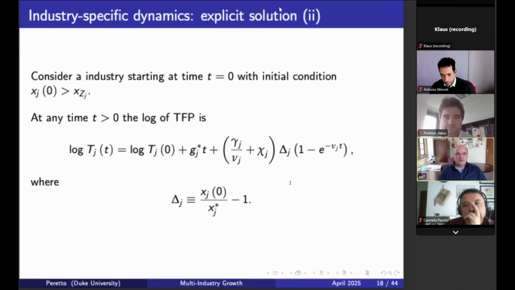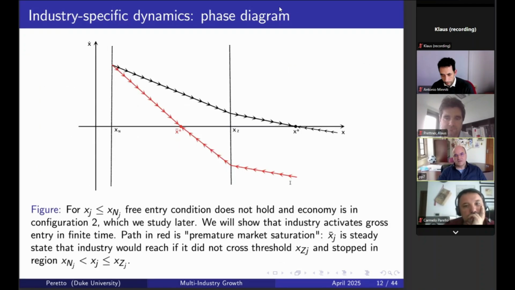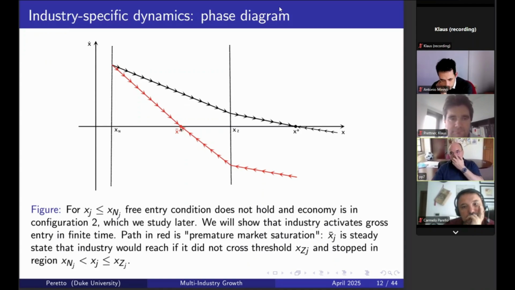And it comes from looking at the phase diagram, because imagine the red line being an industry that converges to a steady state without firm growth, then you need to think about industry-specific interventions that could lift this red line to become like the black line, so that that industry converges to a steady state that exhibits endogenous growth.